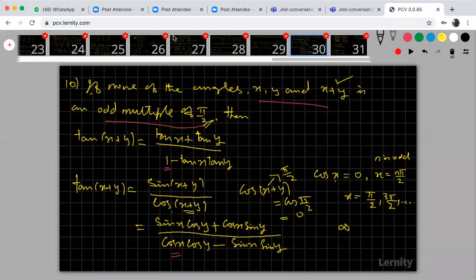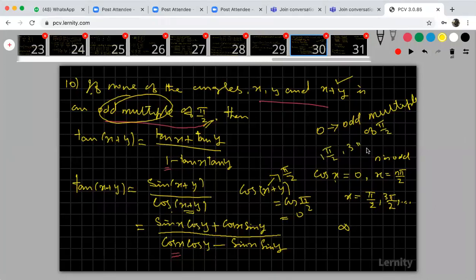Students, please listen. Is 0 an odd multiple of pi by 2? Please tell me. What are the odd multiples of pi by 2? 1 pi by 2 is an odd multiple of pi by 2. 3 pi by 2, 5 pi by 2, 7 pi by 2 are odd multiples of pi by 2.